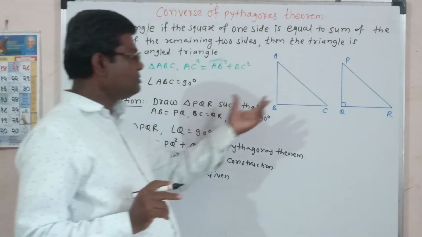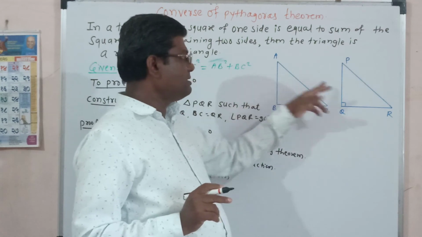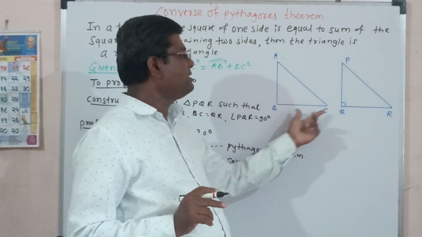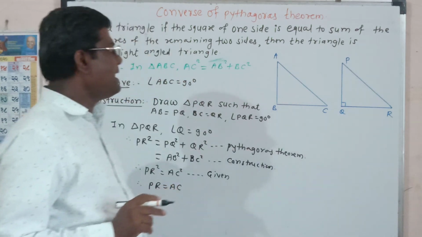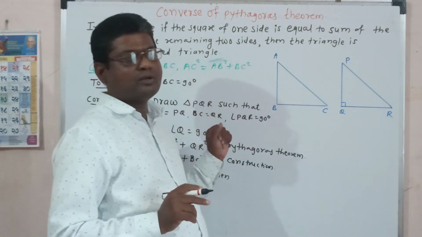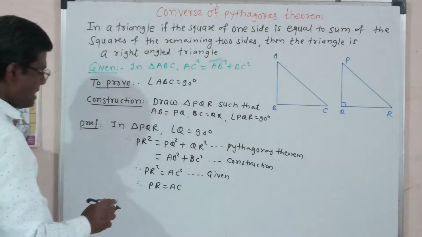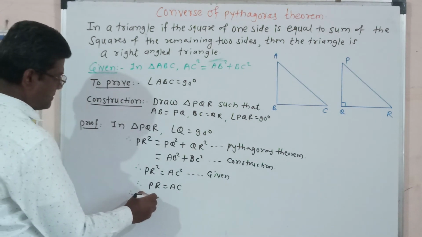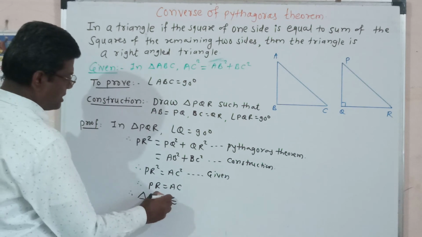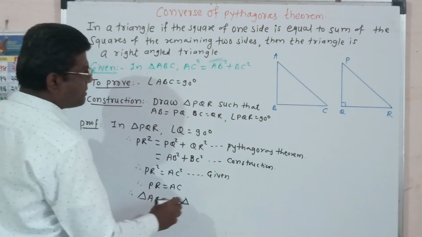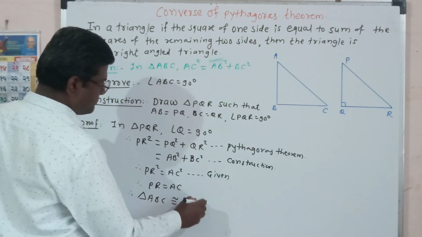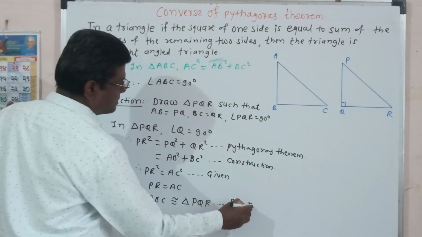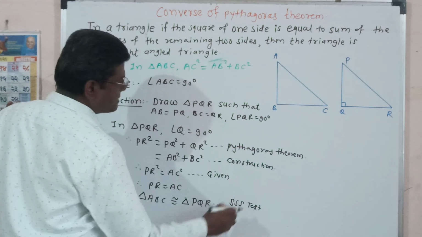Now, in these two triangles, AB is equal to PQ, AC is equal to PR, and BC is equal to QR. Therefore, these two triangles are congruent. Therefore, we write triangle ABC is congruent to triangle PQR, and reason is SSS test.